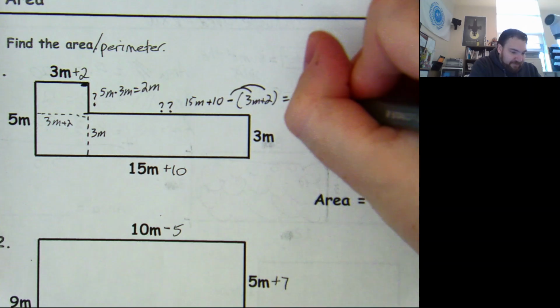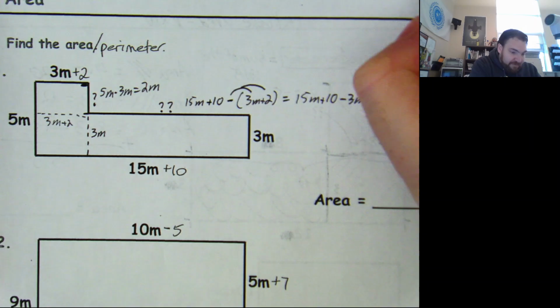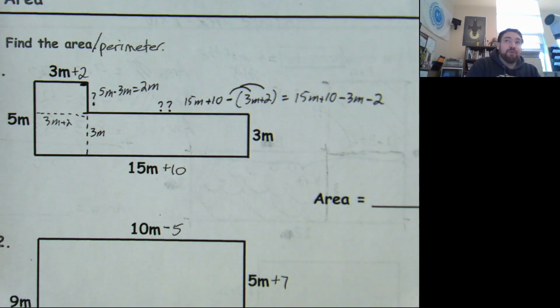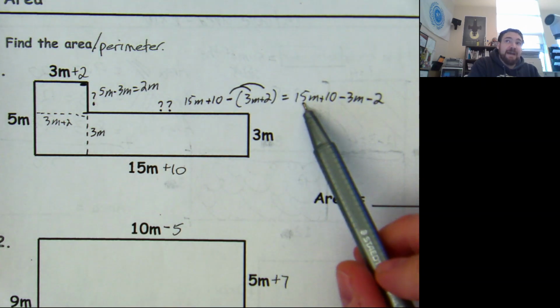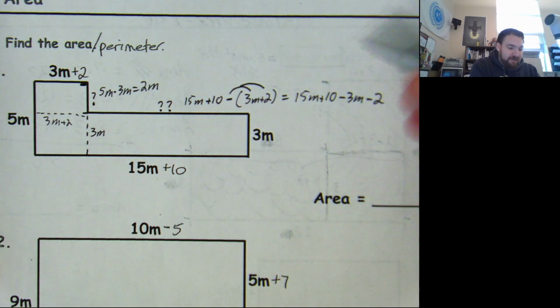So this is going to become 15m plus 10 minus 3m minus 2. And now you're going to group like terms like we did before. So now I've got 15m, I've got negative 3m.